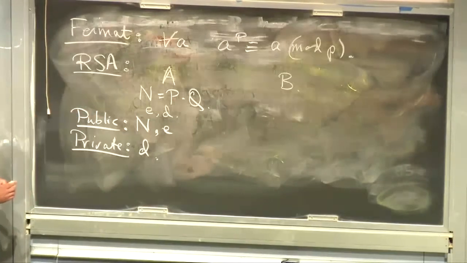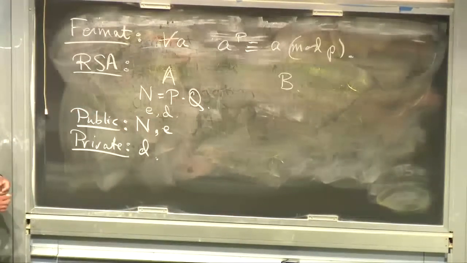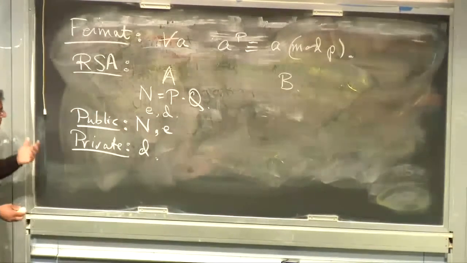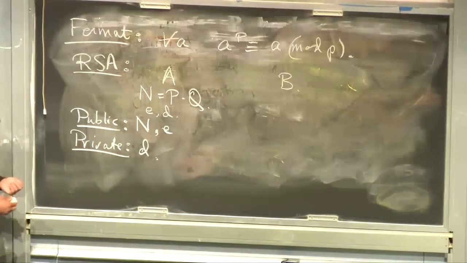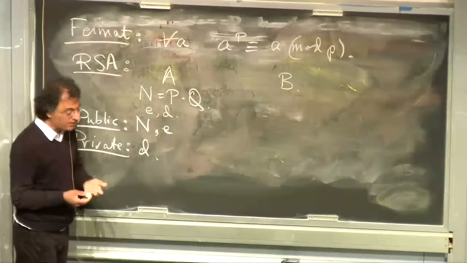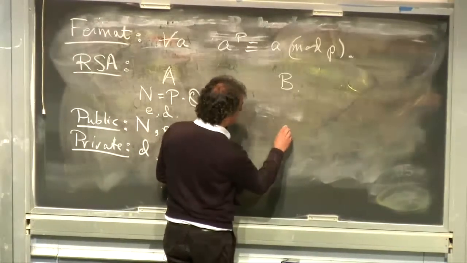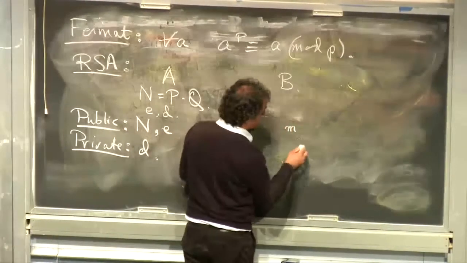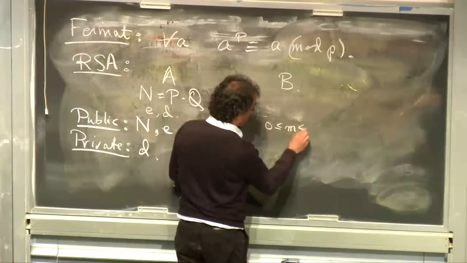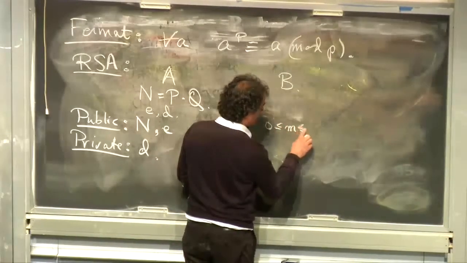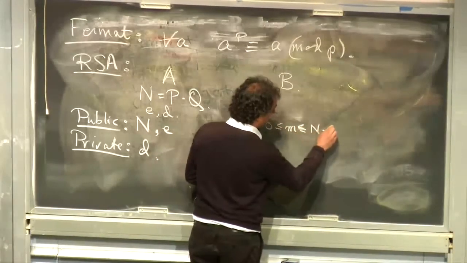And now, if Bob wants to send Alice a message, in order to encrypt it, the message is going to be a number mod n. So Bob wants to send a message m between 0 and n minus 1.